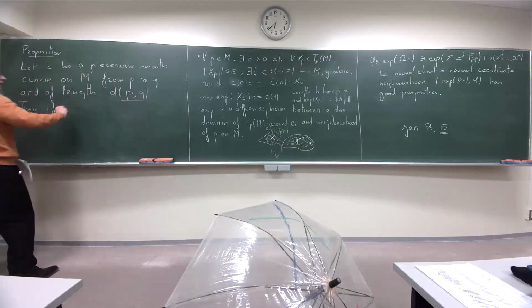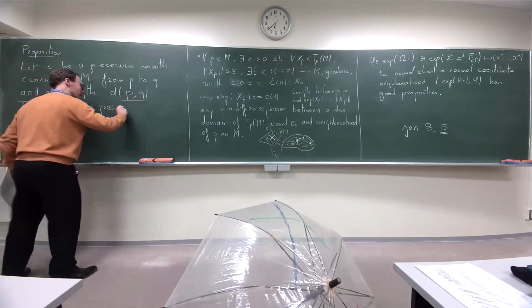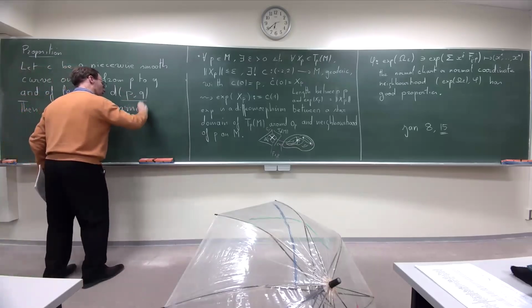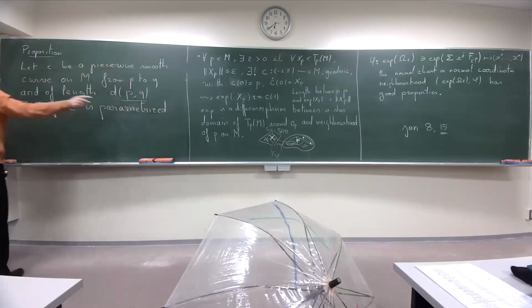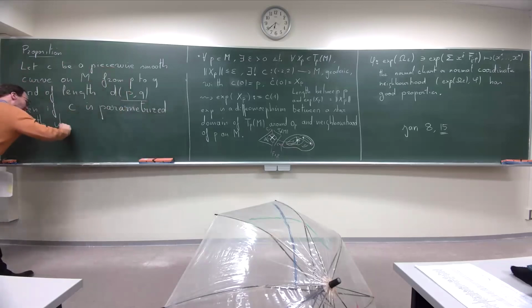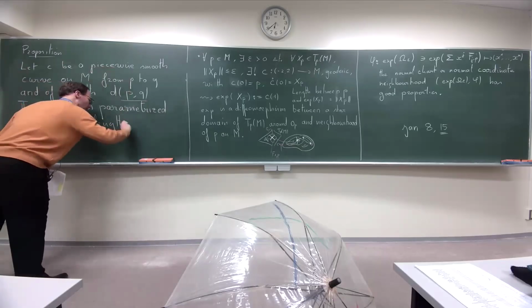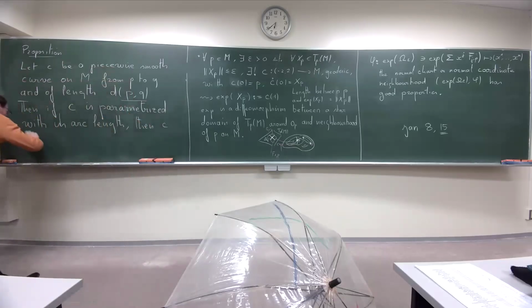Then, if C is parameterized with arc length, then C is a geodesic.